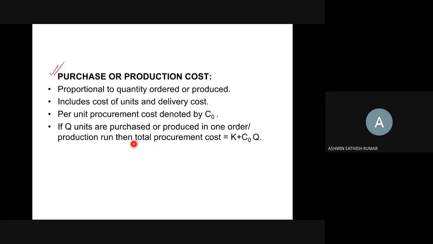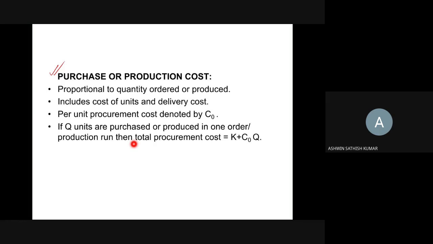If you are purchasing more items, you have to pay more cost. If you are purchasing fewer items, you have to pay less. So it is proportional to the quantity ordered or produced. This cost is directly proportional to the procurement amount.